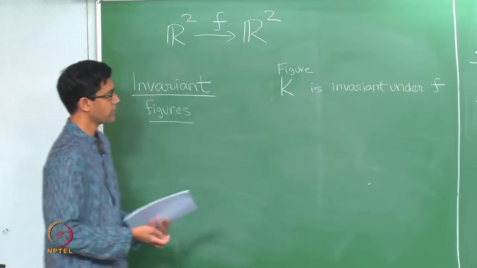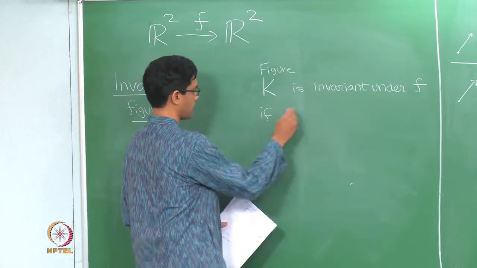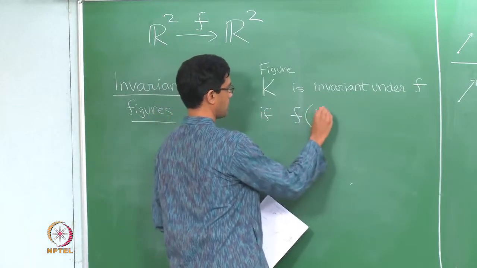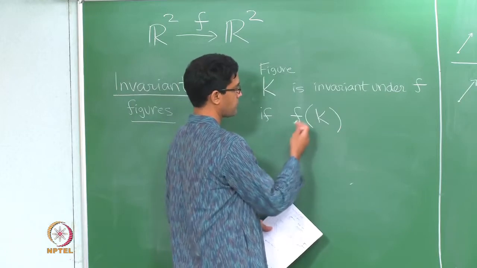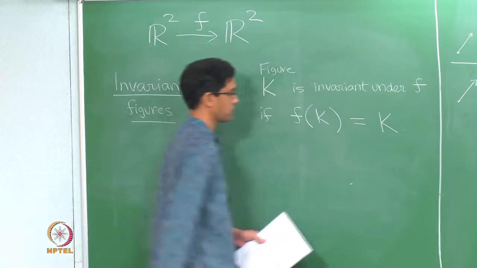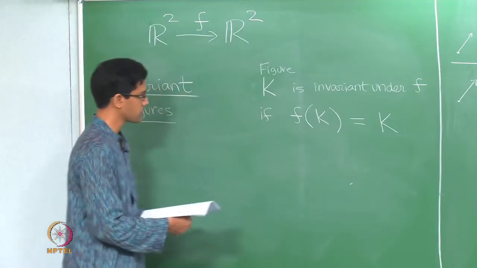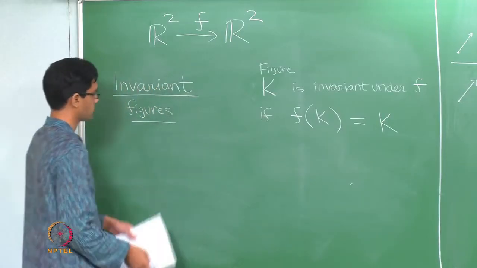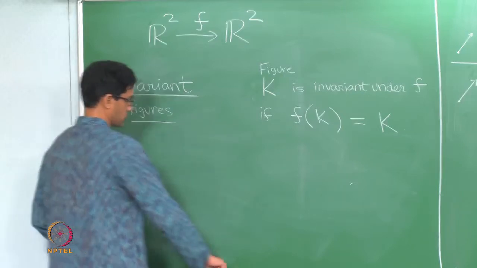You say that a figure k is invariant under f if when you apply f to that figure, which means you apply f to each point of that figure, what you get back is that same figure that you started with. Okay, in other words, it somehow maps that figure onto itself. So let us do some examples to get a better sense of what this does. Let us do it for the case of the reflection about the x axis.